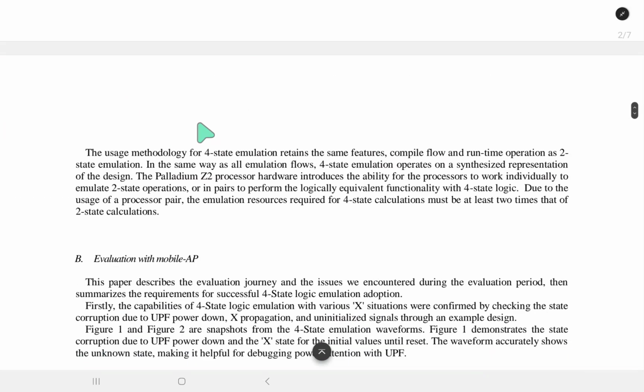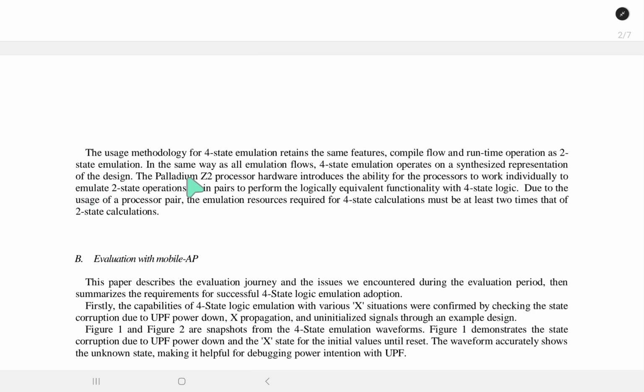The methodology for four-state emulation retained the same features, the compile flow and the runtime operation as two-state emulation. And in the same way as two-state emulation flows, four-state emulation operates on a synthesized representation of the design.